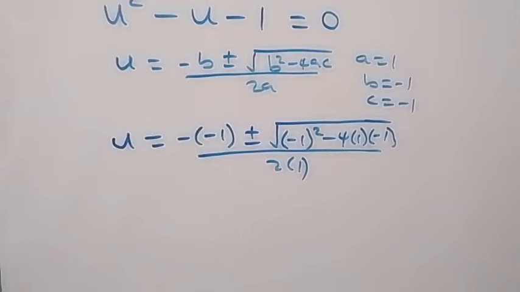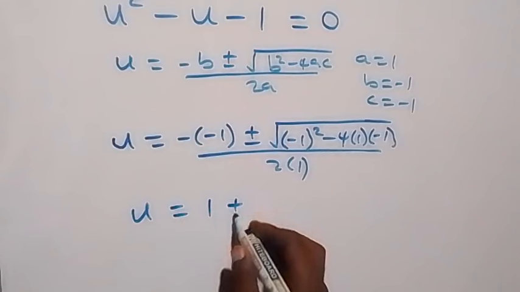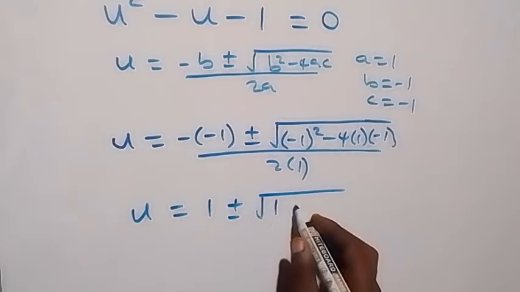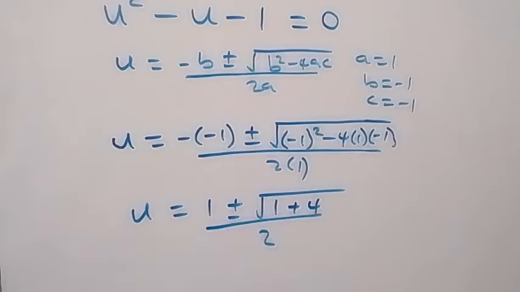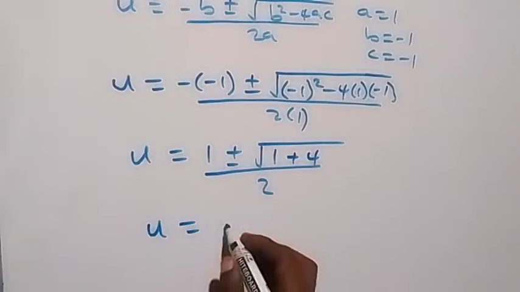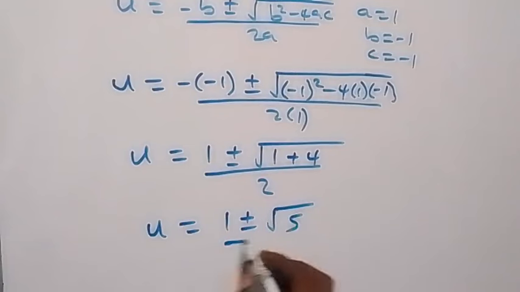Then solving this, u equals 1 plus or minus square root of 1 plus 4, over 2. Then what we have becomes u equals 1 plus or minus root 5 over 2.